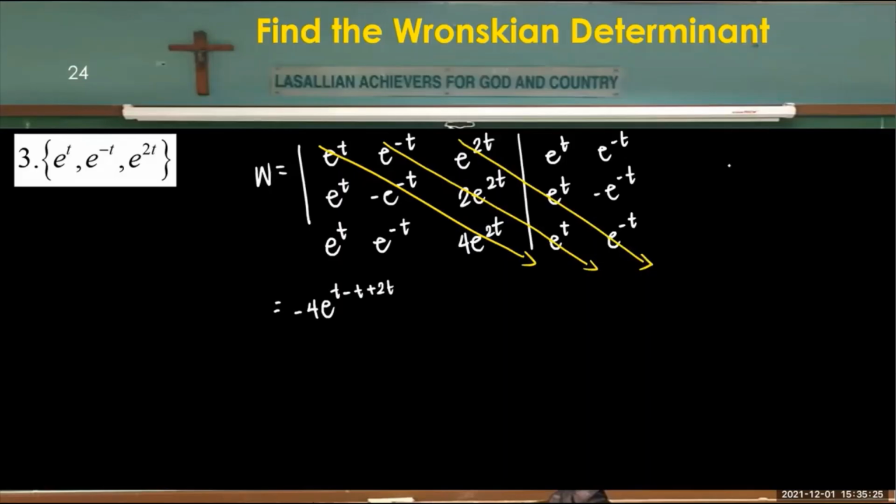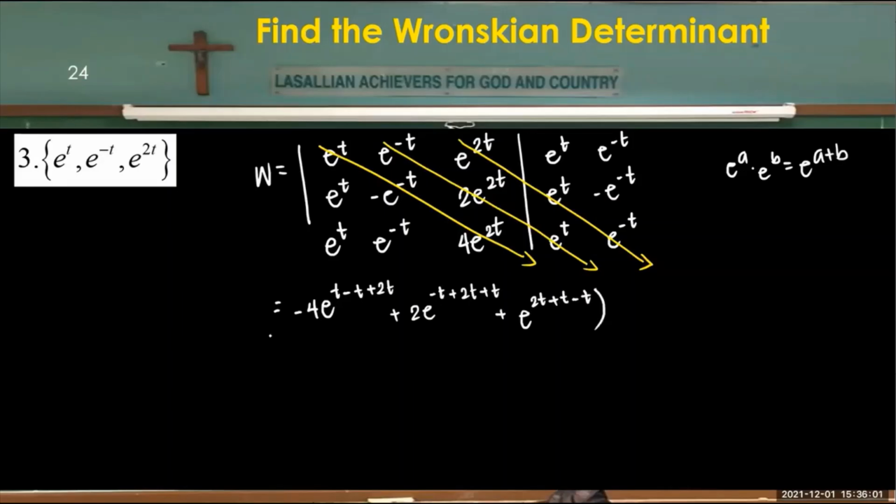Do you remember? e to the A times e to the B is e to the A plus B. You remember this? So basically you just add. I didn't see the negative earlier. So plus 2 times e to the negative t plus 2t plus t, plus e to the 2t plus t minus t.